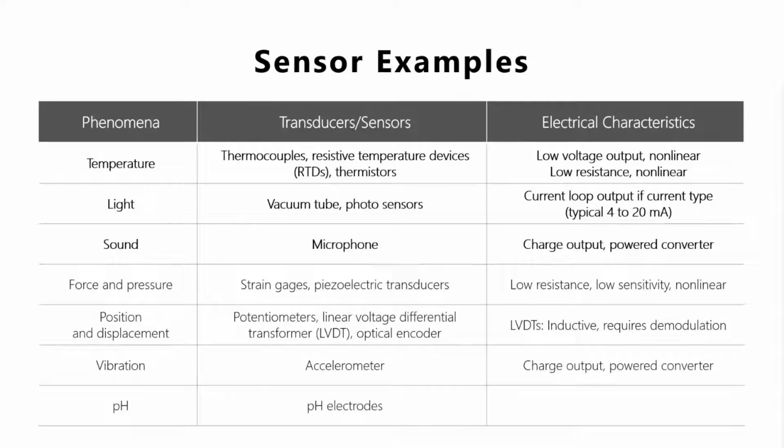Certain types of sensors are used to measure certain physical phenomena. It's very important to note that when sensors convert this phenomenon to an analog signal, the signal has certain characteristics.